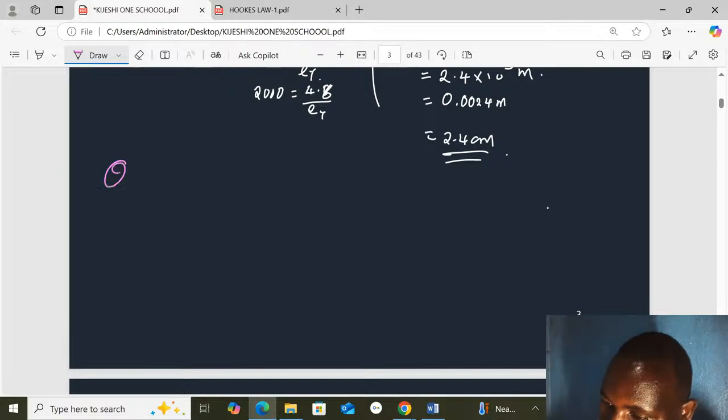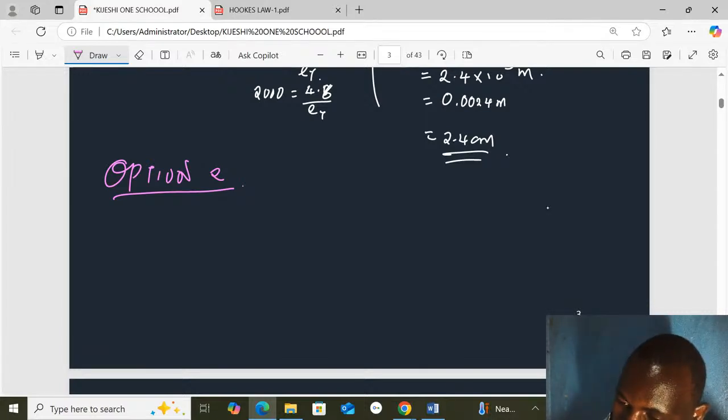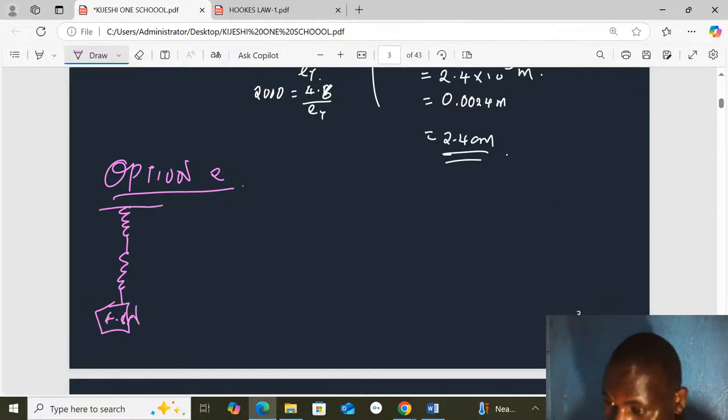Option 2. Spring constant for one spring, we have said that it is 1000 newton per meter.